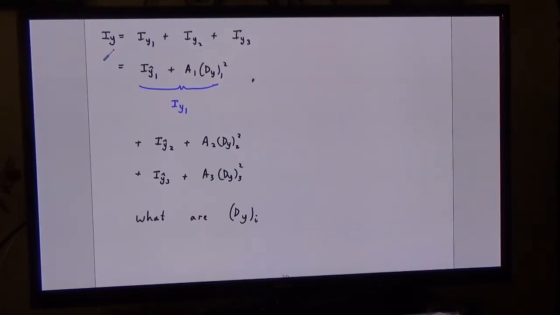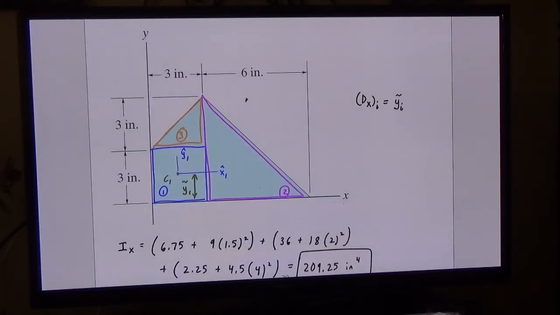If we go back to this figure that I showed a second ago, what's the distance between y1 hat and y? That's what we call x tilde, the x location of the part's centroid.